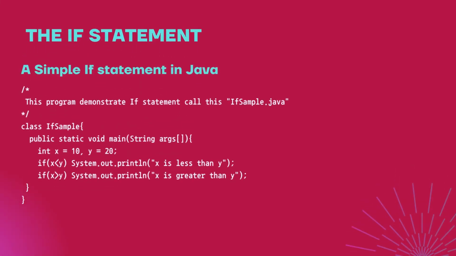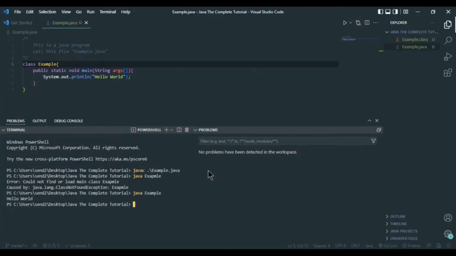Let's take a look at the program for the if statement. As we have understood what the if statement and for statement are, we are going to write a program for it. For that, we will create a new file with the name ifsample.java.